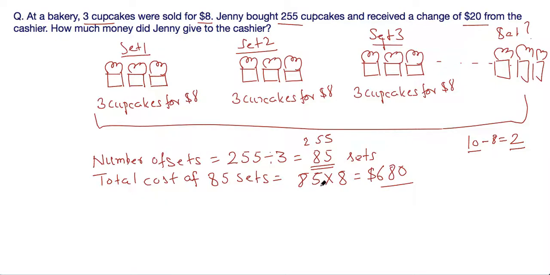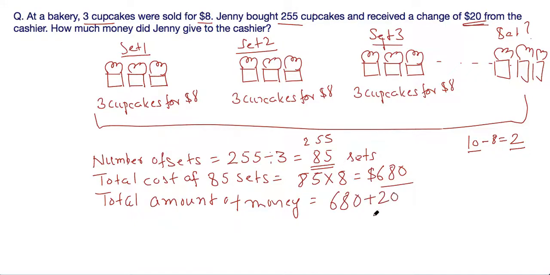Similarly, for Jenny's case, she received a change of $20. What is the total amount of money you think she has given to the cashier? Think about it. Obviously, it is the total cost which she was supposed to pay, and then the extra $20 which she has given to the cashier.